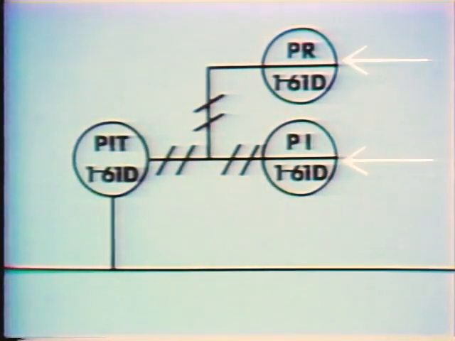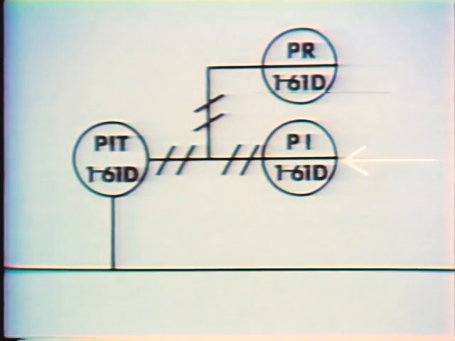These circles with the horizontal lines through them are the instruments that receive the signal from the transmitter. The horizontal line through each circle means that the instruments are in remote locations. This instrument is a pressure recorder, indicated by the letters PR in the upper half of the symbol.